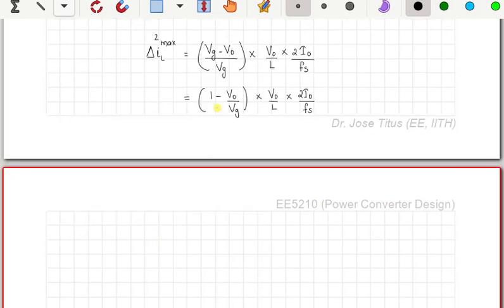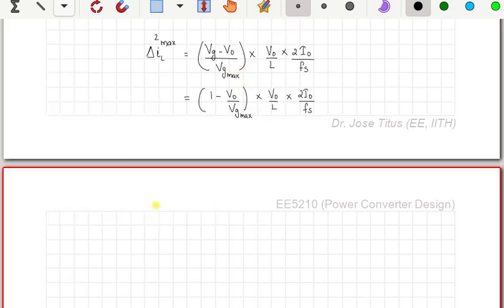So clearly delta IL will be maximum when Vg is maximum, because Vg maximum implies that VO by Vg is going to be minimum, and therefore 1 minus VO by Vg is going to be maximum. So this is the maximum value of Vg that appears in these equations.